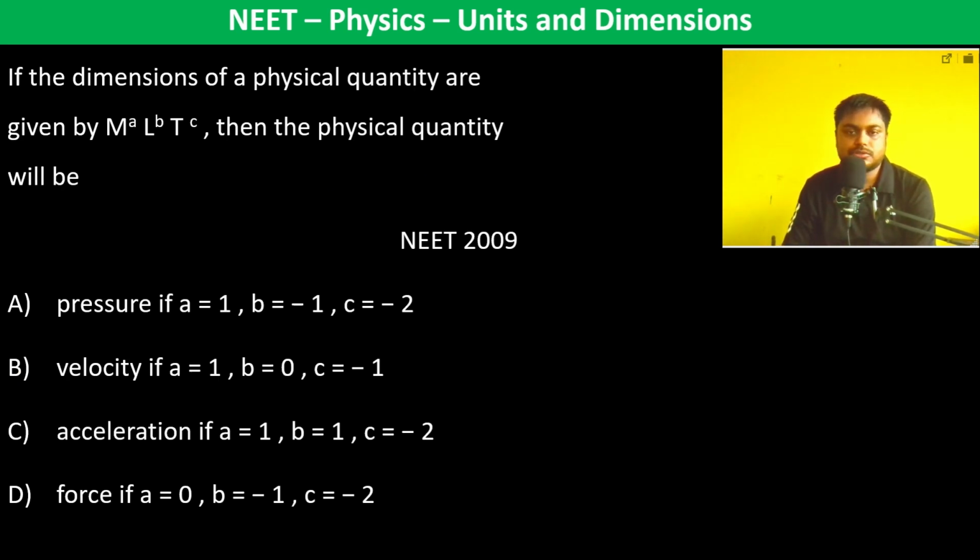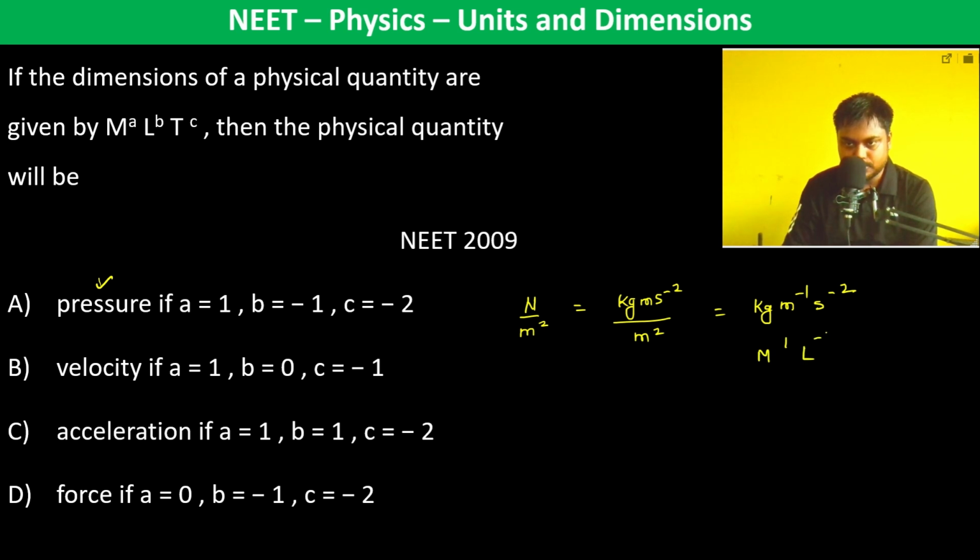If the dimensions of a physical quantity are given by this, then the physical quantity will be, okay, so pressure. So pressure is Newton per meter square, which is kg m s minus 2 divided by meter square, which is M L minus 1 T minus 2. So therefore this is M to the power 1, L to the power minus 1, T to the power minus 2.